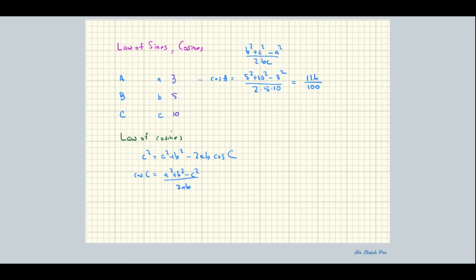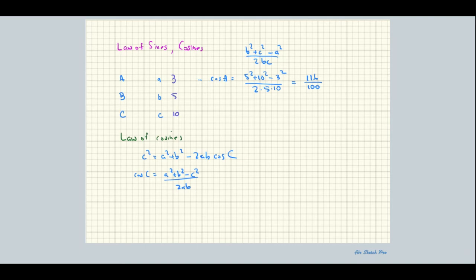Somebody tell me what the arc cosine of 116 over 100 is. Error. Any particular kind of error, Joshua? What kind of error does your calculator say? It says domain error. You know what domain is? That's the thing that you plug in. It says there's a problem with the number that you tried to plug in.